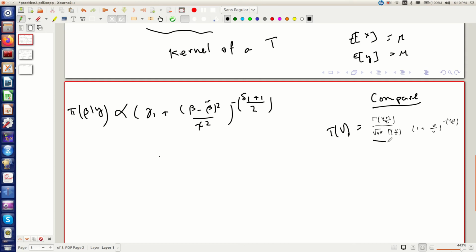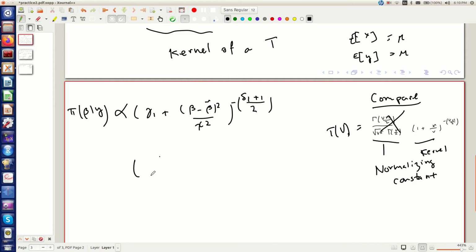And then this stuff is the constant. I don't care about it. I just care about the kernel, and that's what I have here, basically.